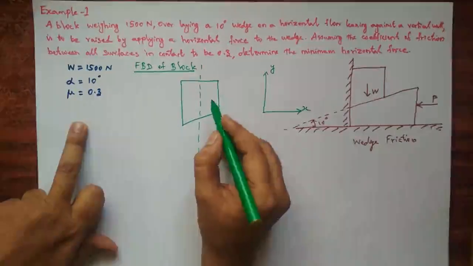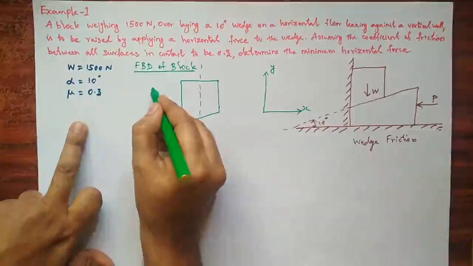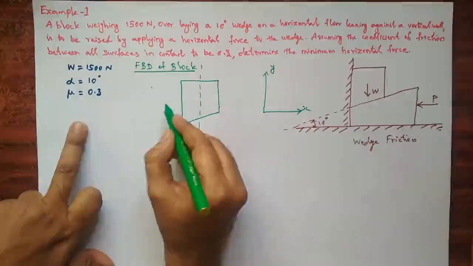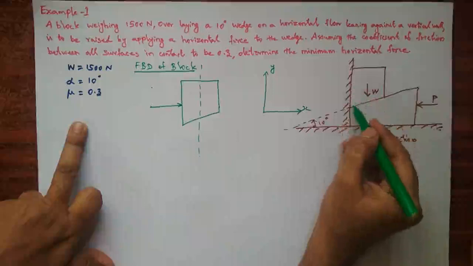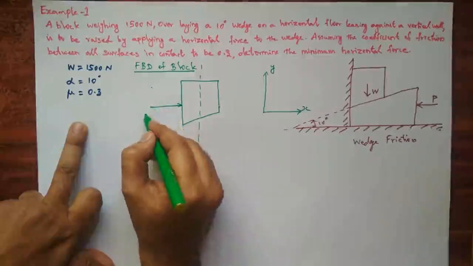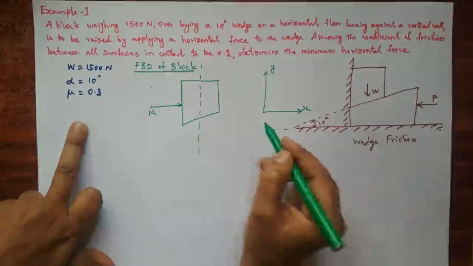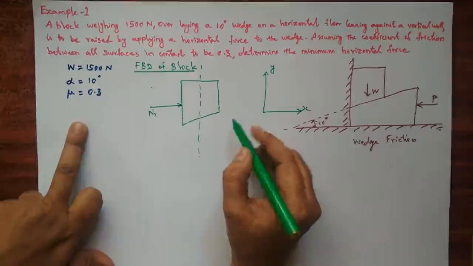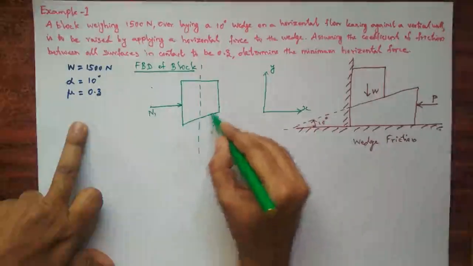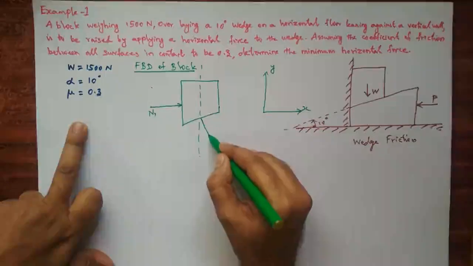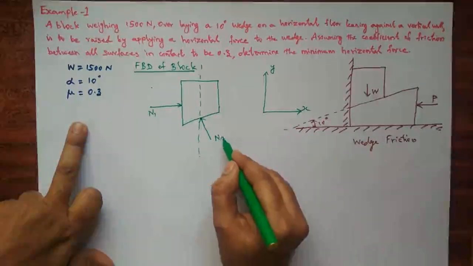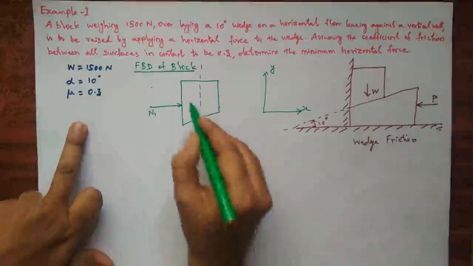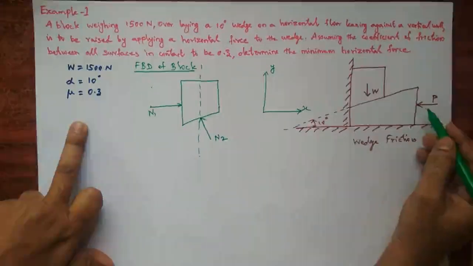So here there is a normal force, because the wall is there, a normal force N1. And to this plane, at 90 degrees, this is normal force N2. Also this block is moving because of this external load.